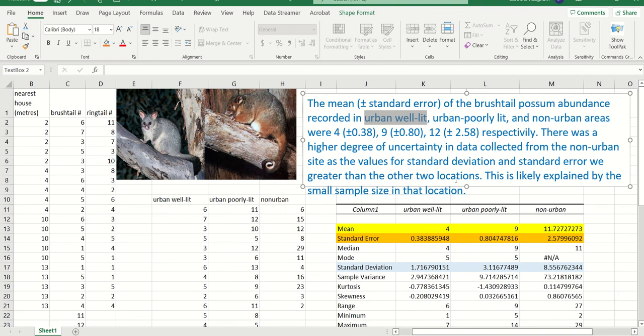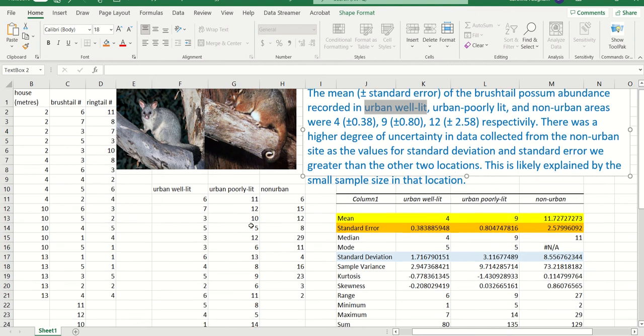Then I thought, why is that? So I use some hedging language here, which is where I sort of hedge my bets. I don't say this is definitely because. I give an educated guess. Okay, I give a scientific interpretation of this. So I say this is likely explained by the small sample size in that location.